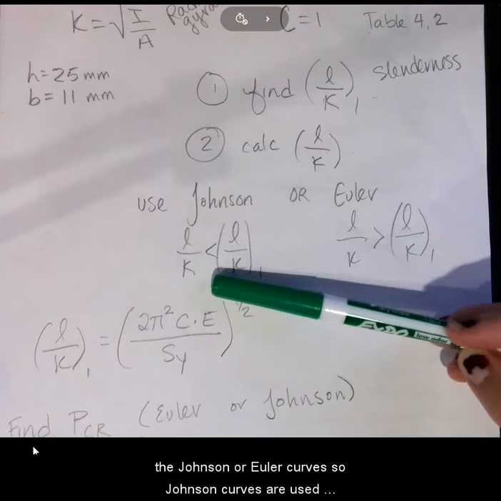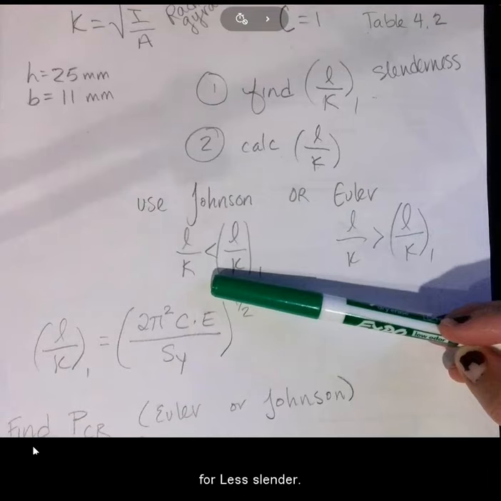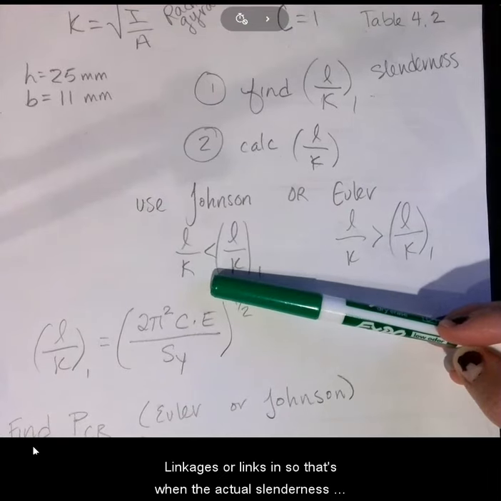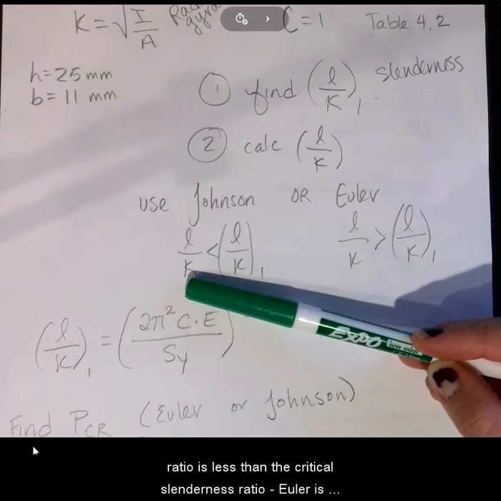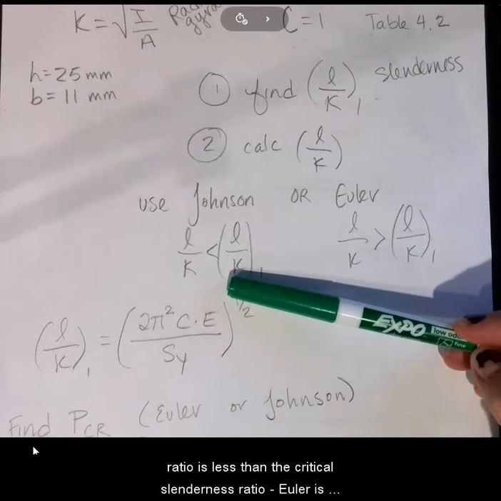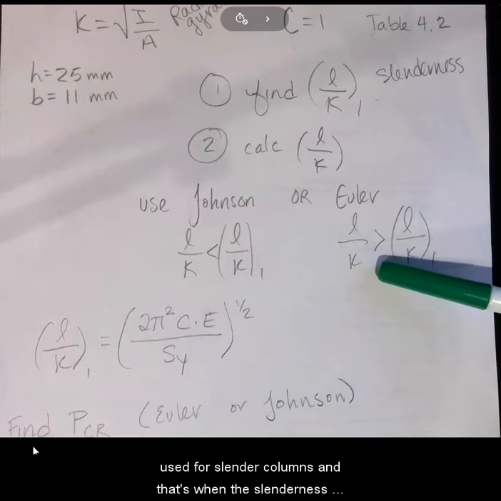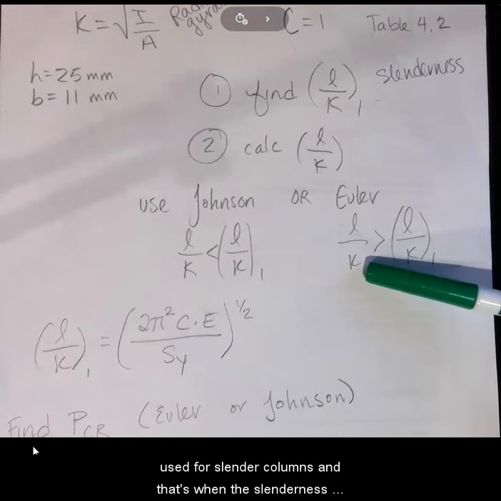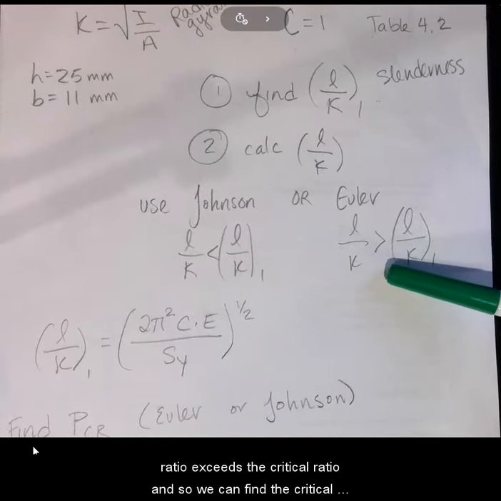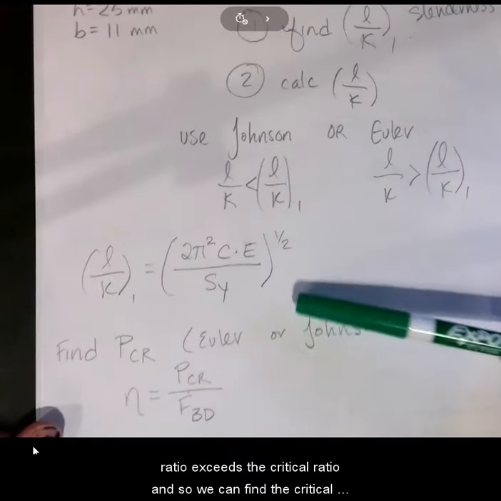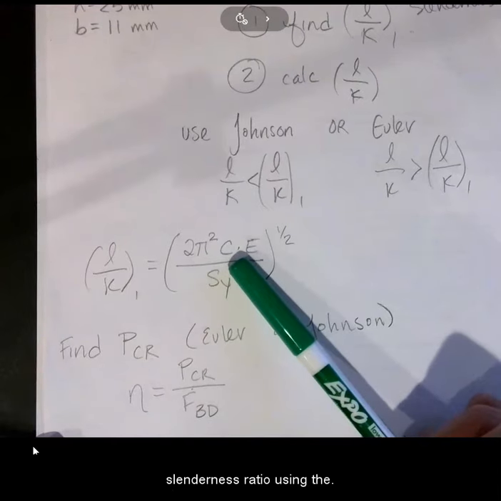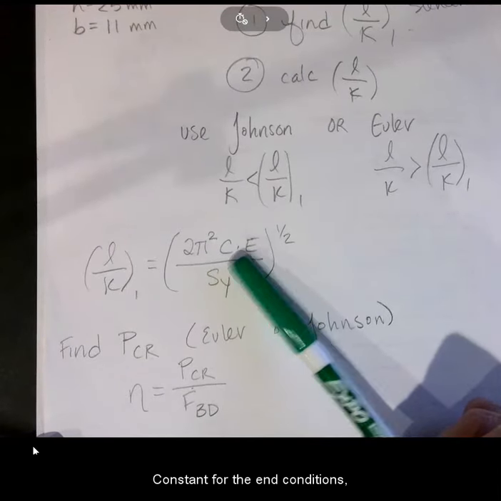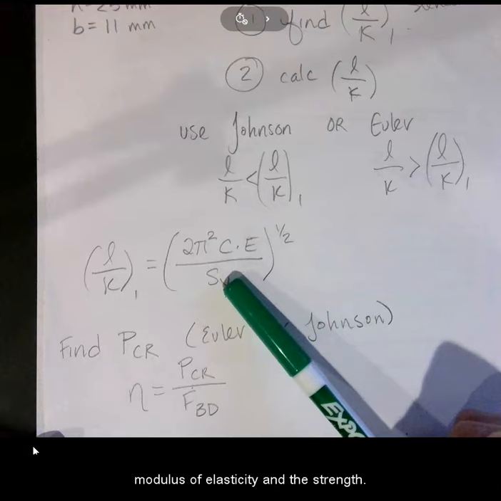Johnson curves are used for less slender linkages, and that's when the actual slenderness ratio is less than the critical slenderness ratio. Euler is used for slender columns, and that's when the slenderness ratio exceeds the critical ratio. We can find the critical slenderness ratio using the constant for the end condition, the modulus of elasticity, and the strength.